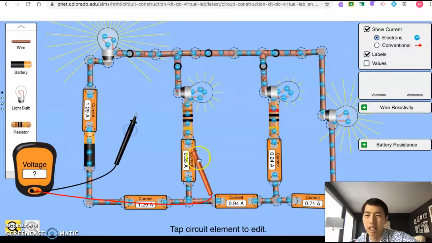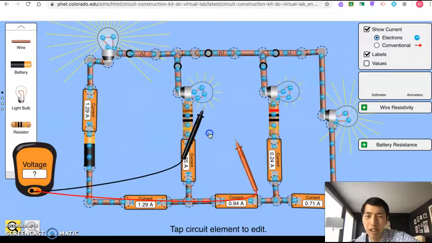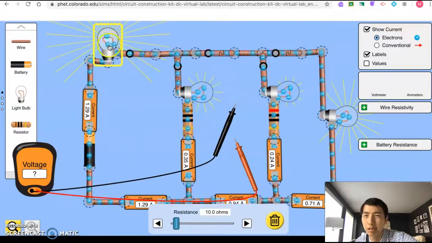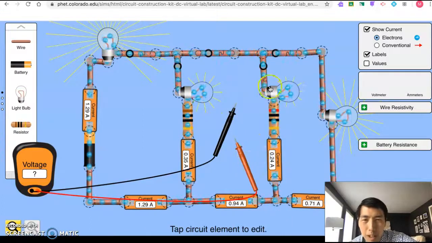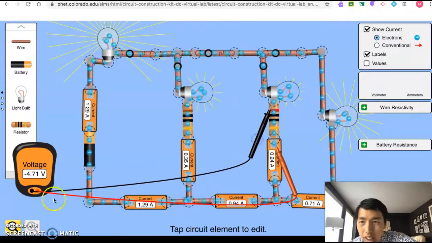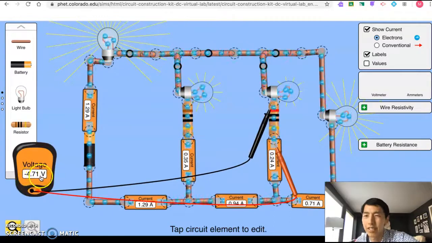All right. So we can check the other pathways. This light bulb right here, just remember that was negative 13 volts. I don't have to measure it again. I'm going to check the middle path, or the second pathway now. So I have negative 13 from here, and then this resistor is negative 4.7. So negative 4.7 with negative 13 makes negative 17.7.